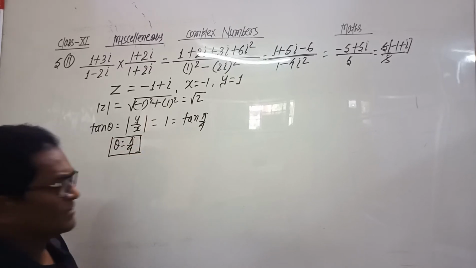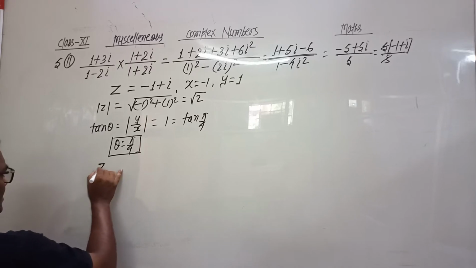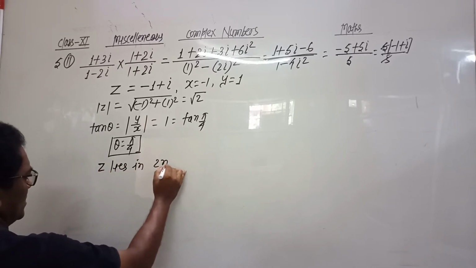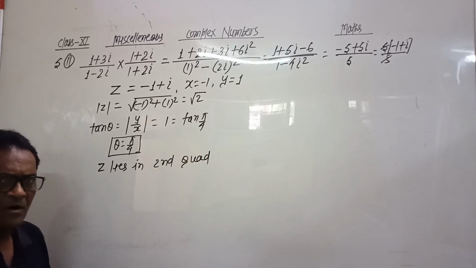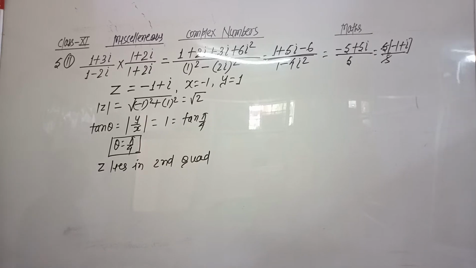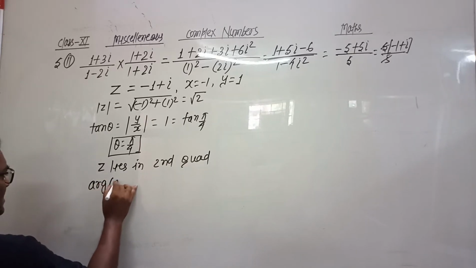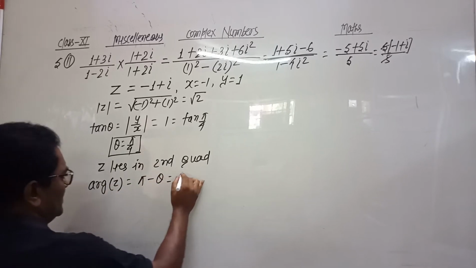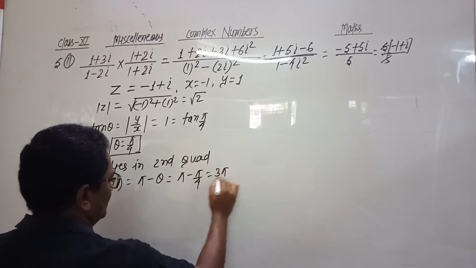Now we have to check in which quadrant z lies. x is negative and y is positive, so z lies in the second quadrant. For the second quadrant the formula is pi minus theta. So the argument of z equals pi minus theta, that is pi minus pi by 4, which is 3 pi by 4.